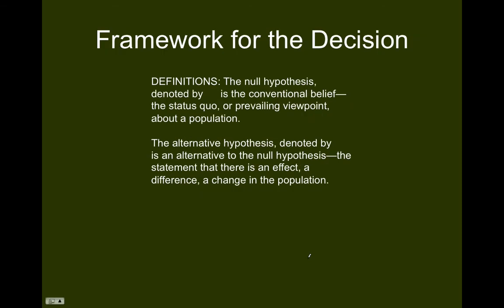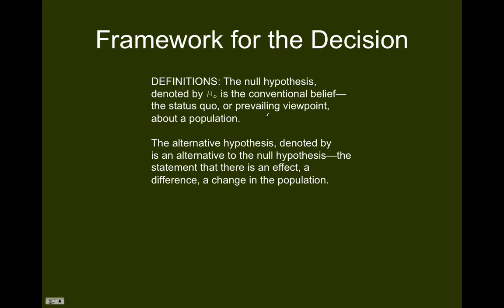So again, as we move through the philosophy of decision making and statistical inference, we have to understand the framework. I want to talk about a couple of definitions, and I've been talking about the null and alternative throughout. The null hypothesis, which we denote by H with a subscript of 0, is the conventional belief, the status quo, or the prevailing viewpoint about a population.